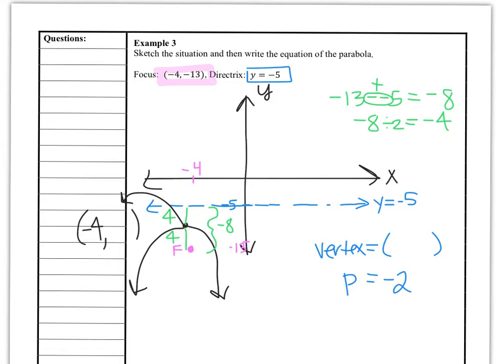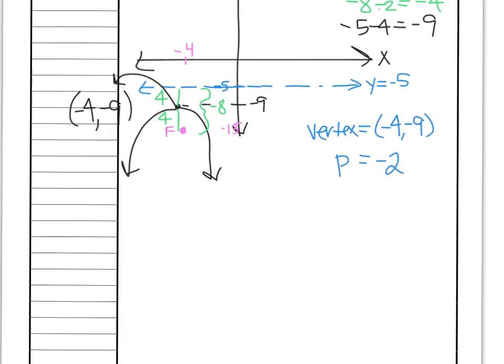So negative 5 minus 4 more is negative 9, or halfway between negative 5 and negative 13 is negative 9. Okay, so our vertex I can fill in now as negative 4, comma, negative 9. And when we plug into this equation, that's our h and our k.